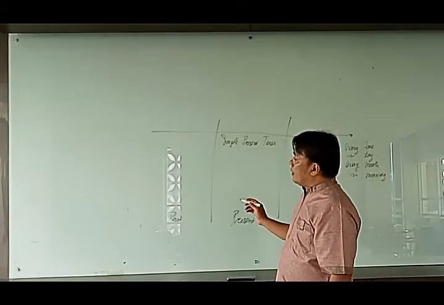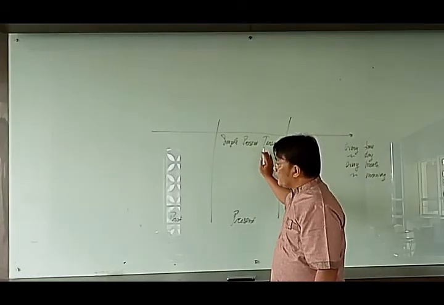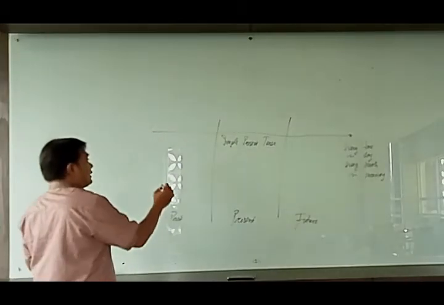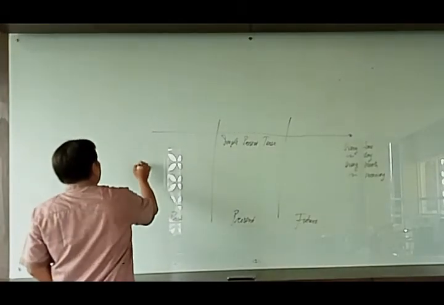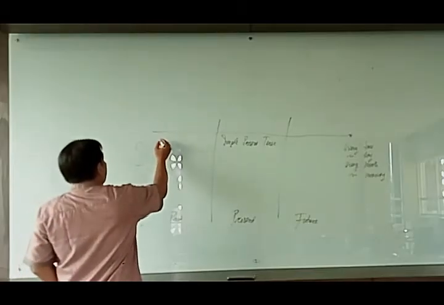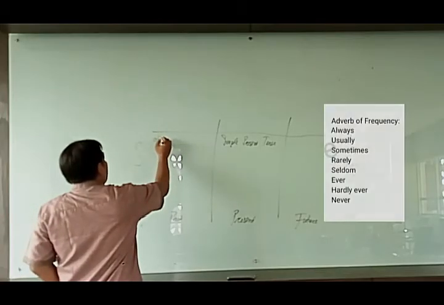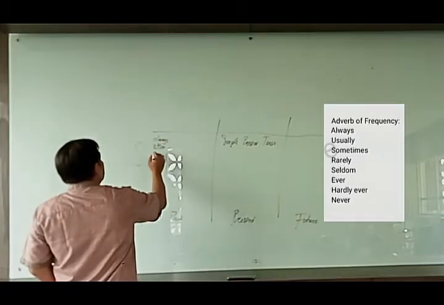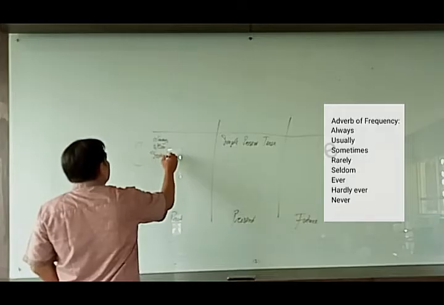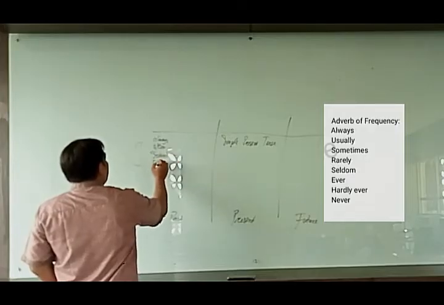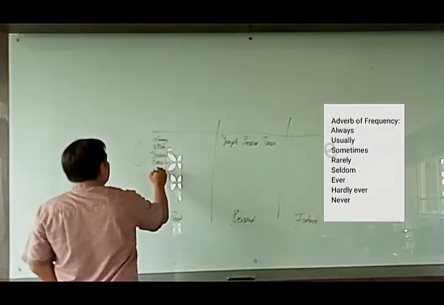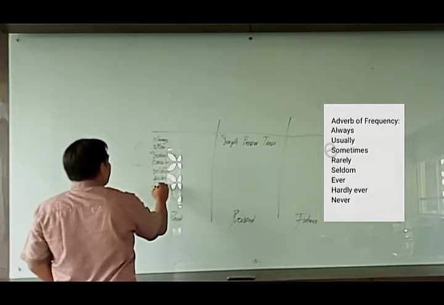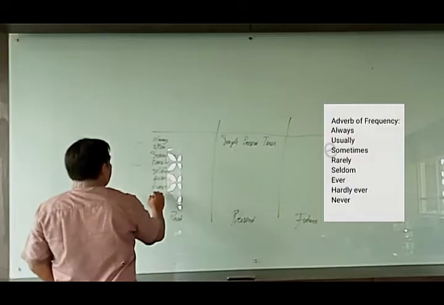And in the simple present tense, we know that it has adverb of frequency. Here, after subject, we use adverb of frequency. Looks like always, often, sometimes, rarely, seldom, ever, hardly ever, and never.